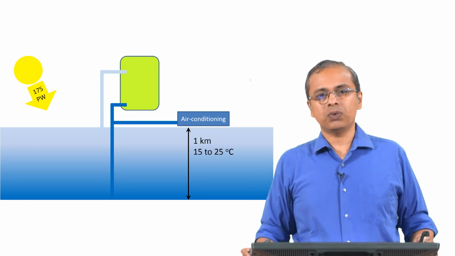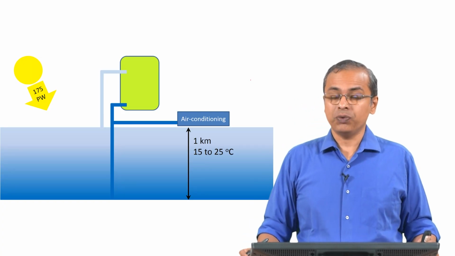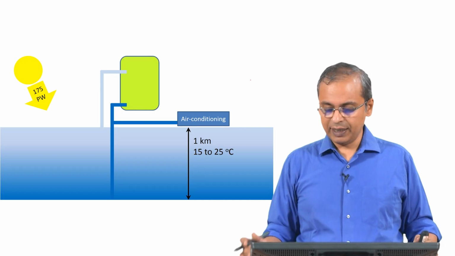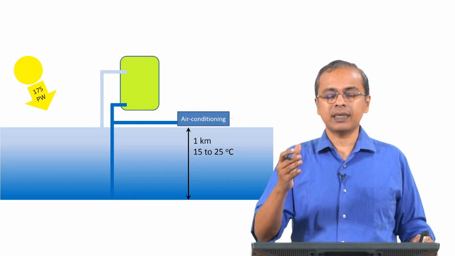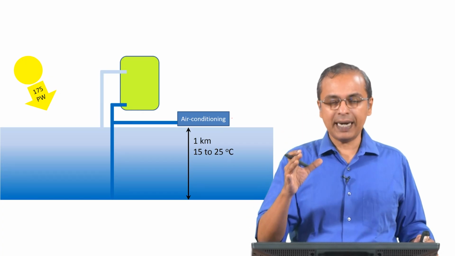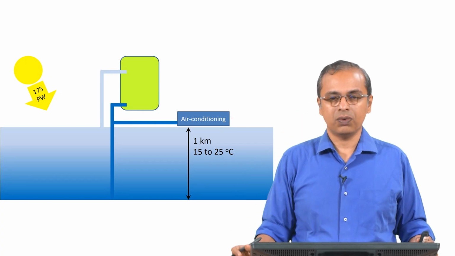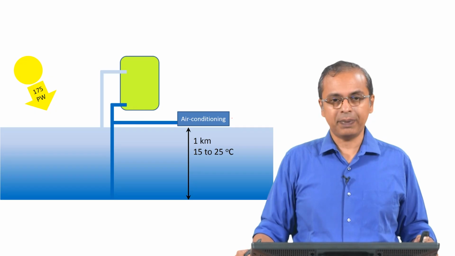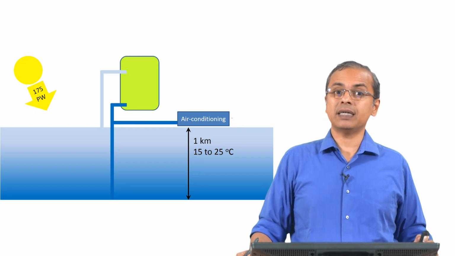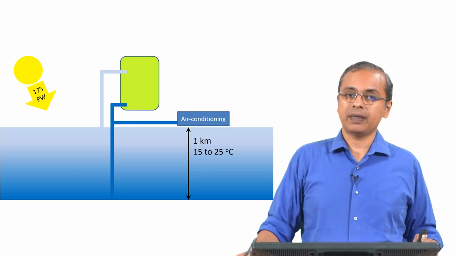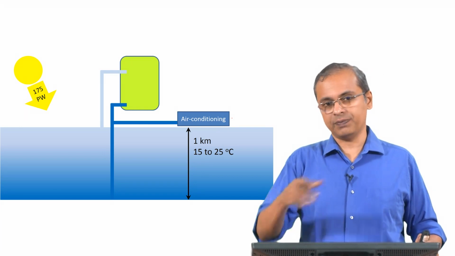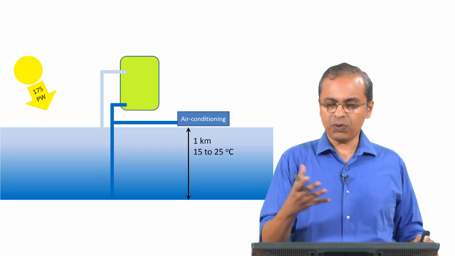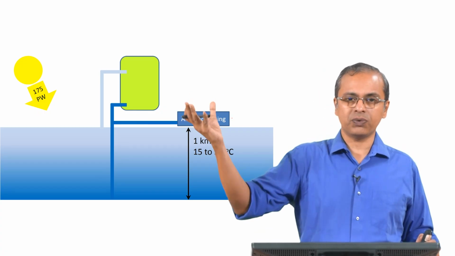Having picked up the cold water, one thing that we can actually do very easily, straightforwardly, is air conditioning. Okay. If you look at AC plants at various buildings, when they do centralized air conditioning of multiple buildings using one plant, many times what they are doing is cold water is being sent off to different places.